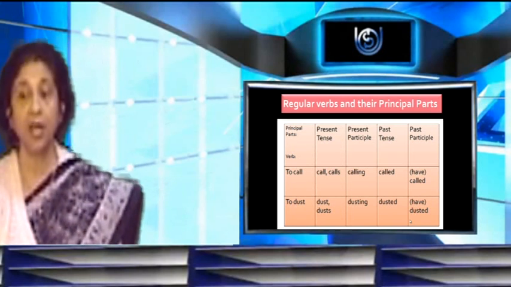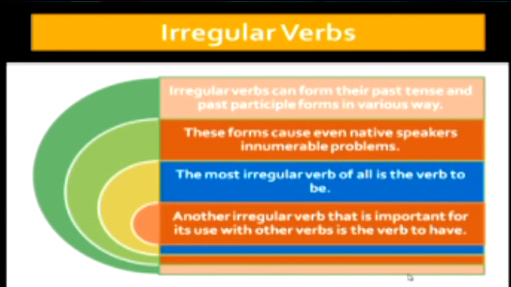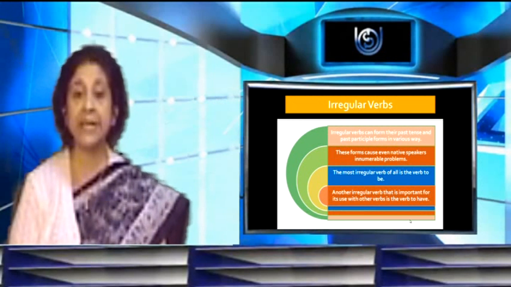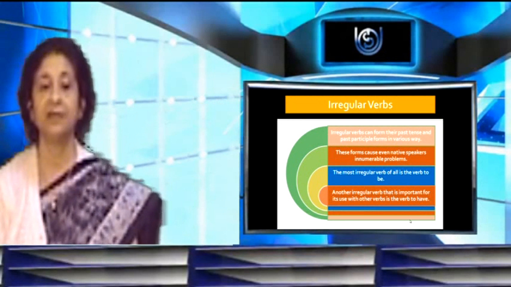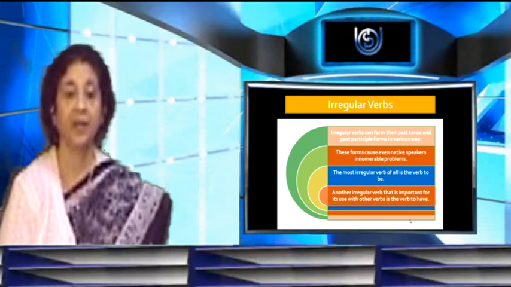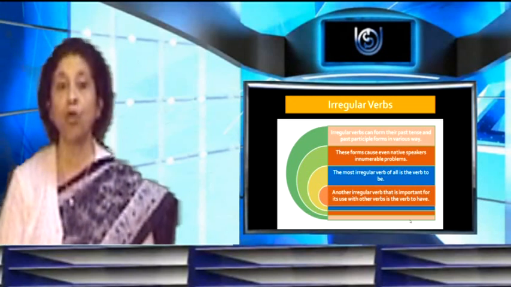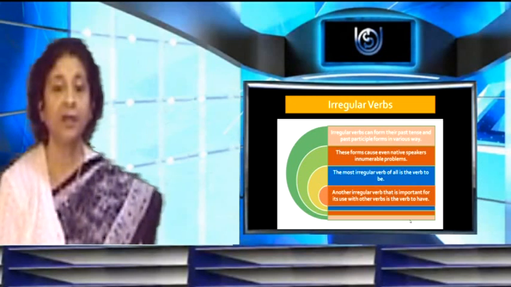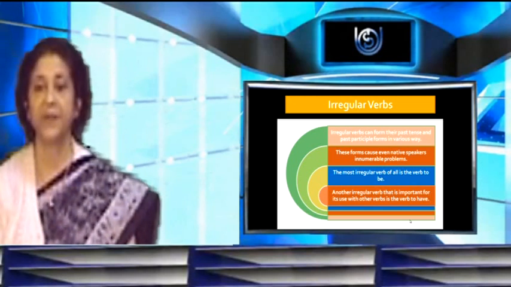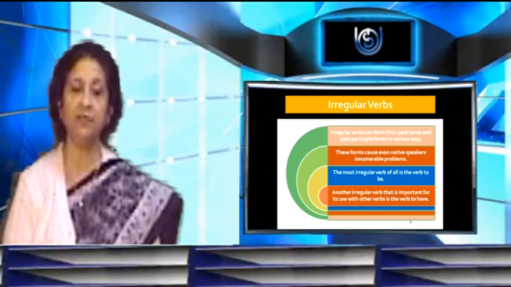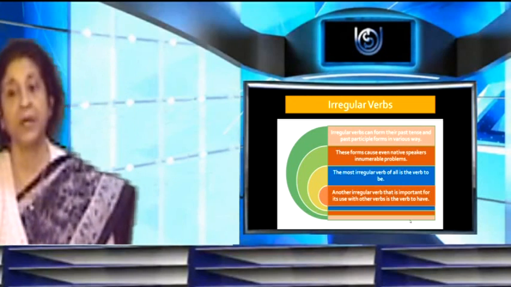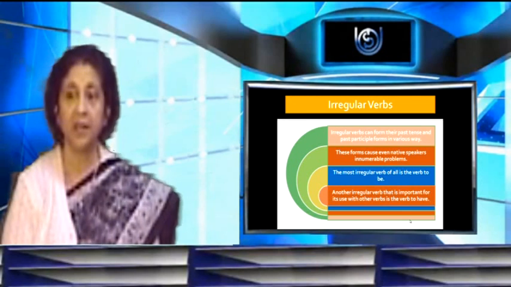Very simple. Now irregular verbs. What are irregular verbs? Irregular verbs can form their past tense and past participle forms in various ways. Like we say eat, ate, eaten. It's totally different. Go, went, gone. There is no relation between each other. It's not like we put ed or d and we change it into second form or we make participle of it.